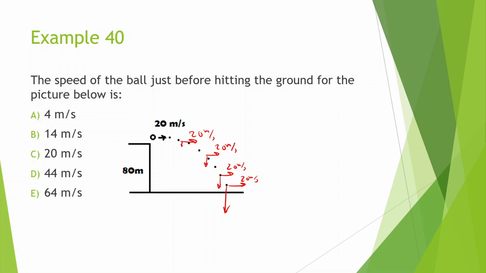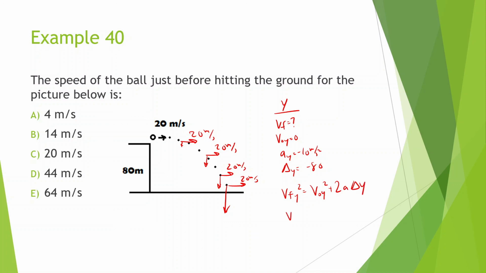In the y direction, let's figure out what this final velocity is. We know the initial velocity in the y is 0 because it's thrown horizontally. Acceleration in the y, negative 10. Displacement in the y, negative 80. So v final y squared is equal to v initial y squared plus 2a change in y.